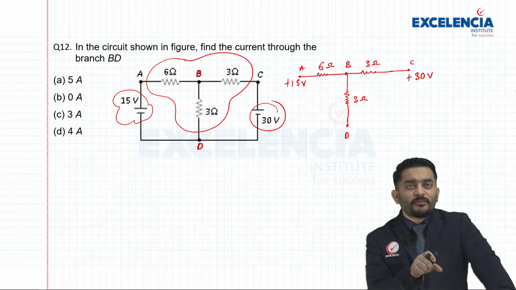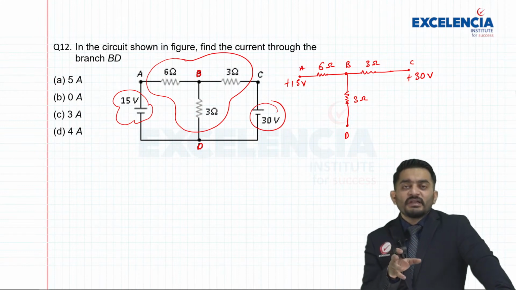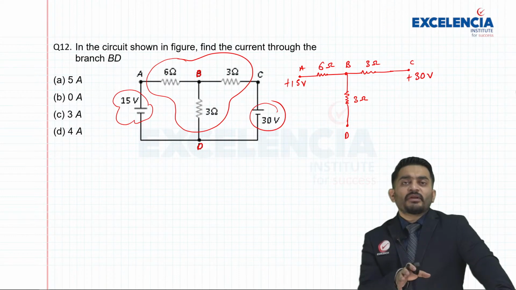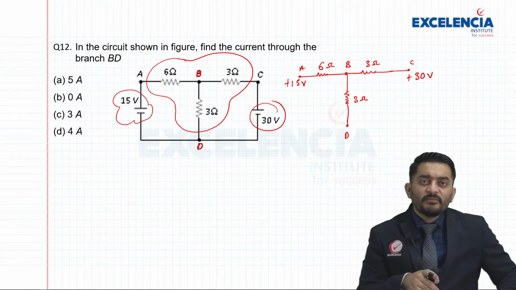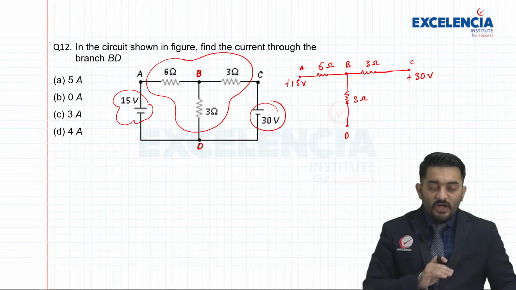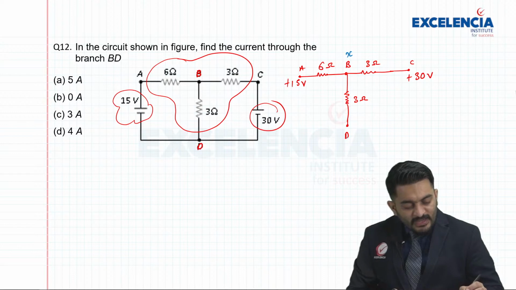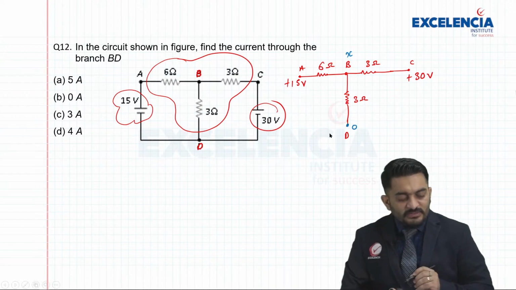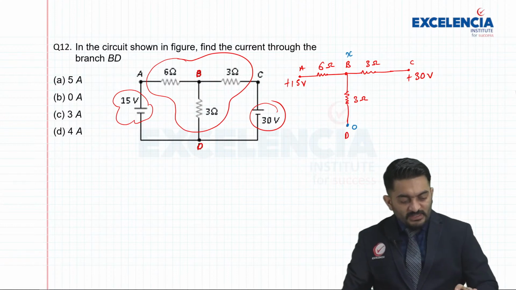You people have solved one particular question with me in this session where I used the T-junction technique. You can use the same technique and get the answer. But first you should be able to relate how this diagram can be related to that technique. So now what we have to do, guys, is consider the potential at point B as X, and point D you can consider 0 because nothing has been given to you, so you can consider that point as 0.